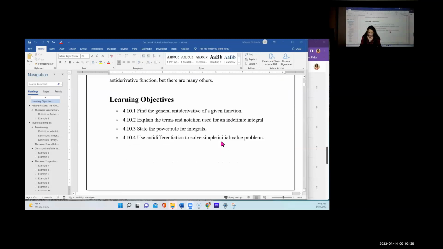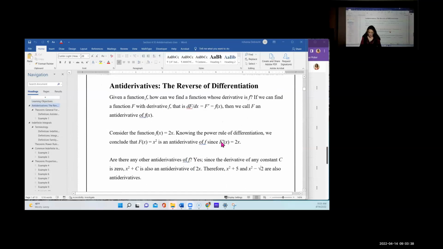So what we're going to do is start by talking about a function. Let's suppose that we have this function called lowercase f, and we want to find a function where when we take the derivative of that function, we get lowercase f. We call this function, generally uppercase F, the antiderivative.